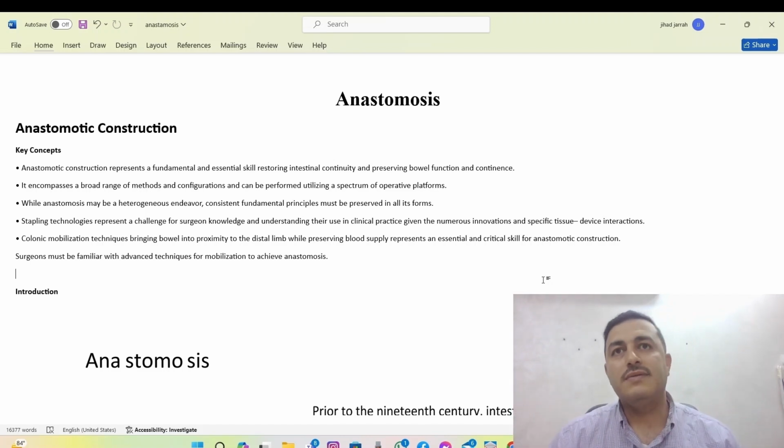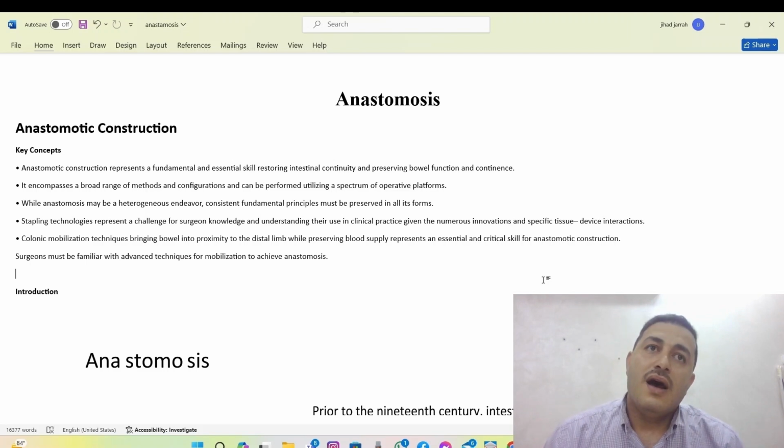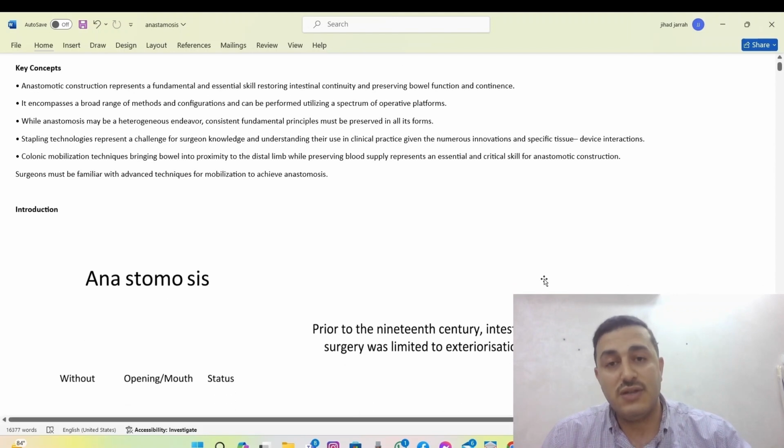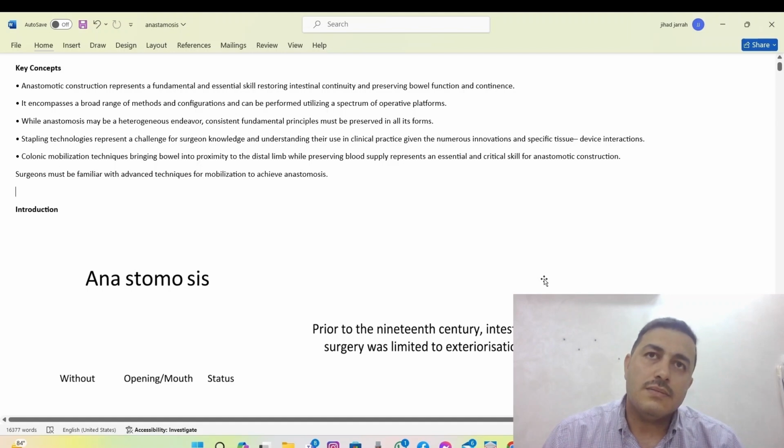This can be the bowel, the ureters, the esophagus, vessels, etc. But if we are talking about gastrointestinal surgeries, in the 19th century, about 200 years ago, surgery on the bowel was limited to just bringing a stoma outside the abdomen, what we call exteriorization.